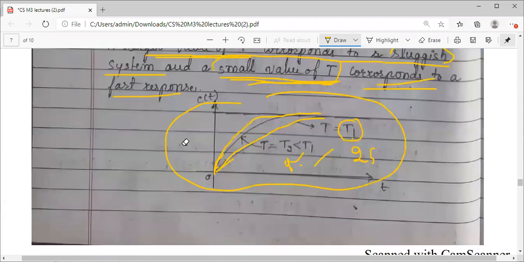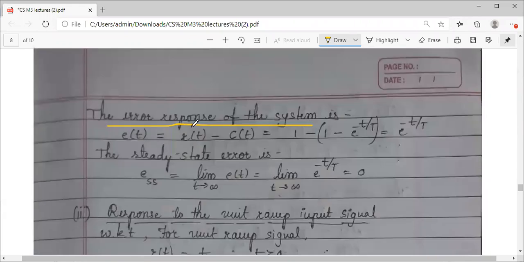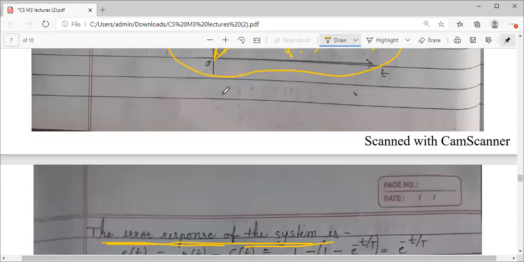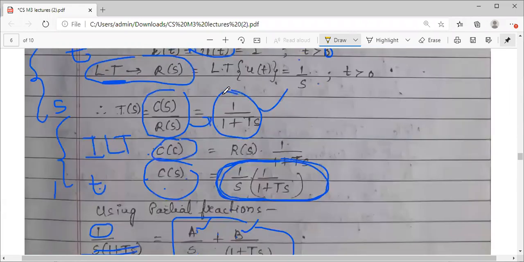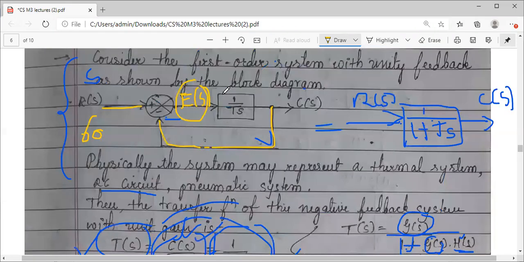So how to get the error equation: the error response of the system is R minus C, right? Shall I show you? Giving the same reference of this diagram. How do you get the error? It is the sum or difference of, यहाँ पे negative है, R minus C. यहाँ पर s domain है, it is R of s minus C of s.